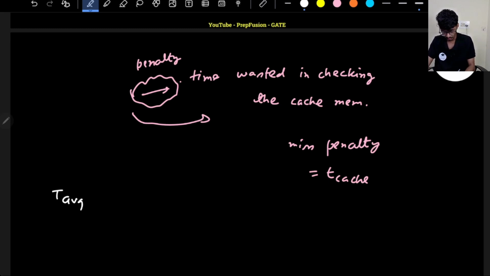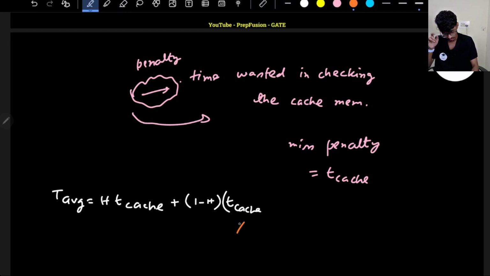So my T average will be H times T cache, plus (1 minus H) times (T cache, the miss penalty, plus T block).